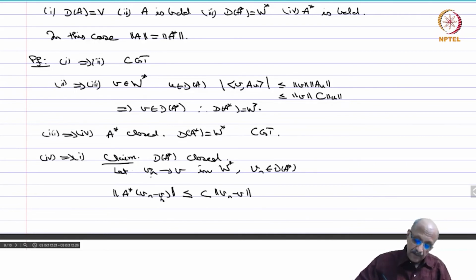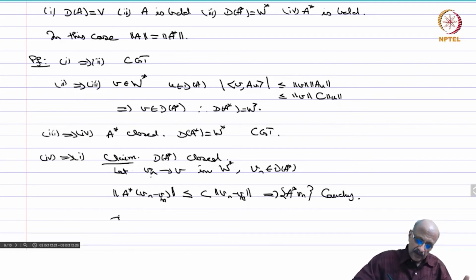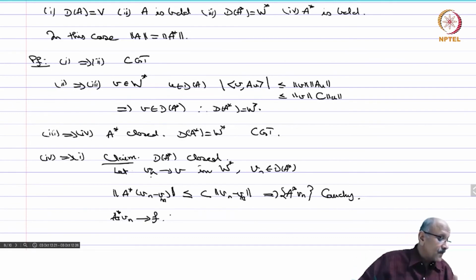Vn and Vm are all in D(A star), and A star is bounded, that is statement number 4, and therefore you have this. So this implies that A star Vn is Cauchy, so A star Vn converges to some F.